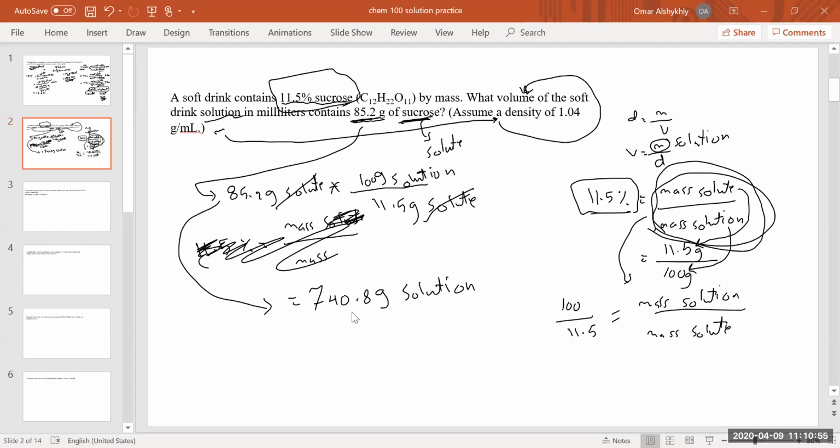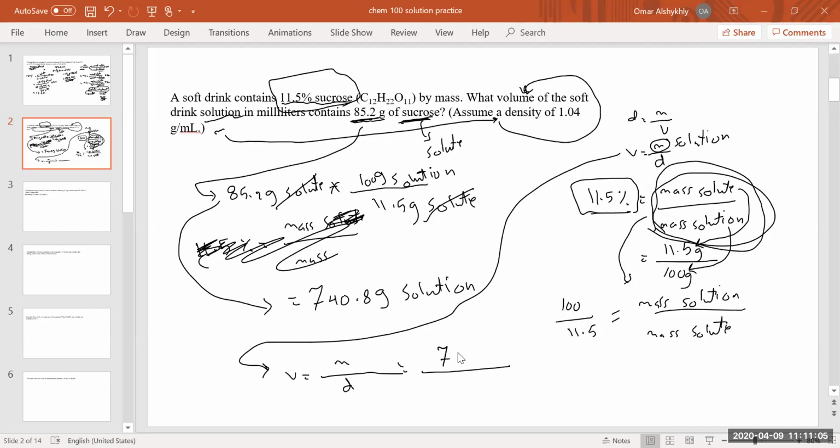What we're gonna do, I will use this formula. Volume will equal the mass divided by density. The mass here, 740.8 gram divided by the density they give to you, it is 1.04 gram per milliliter.